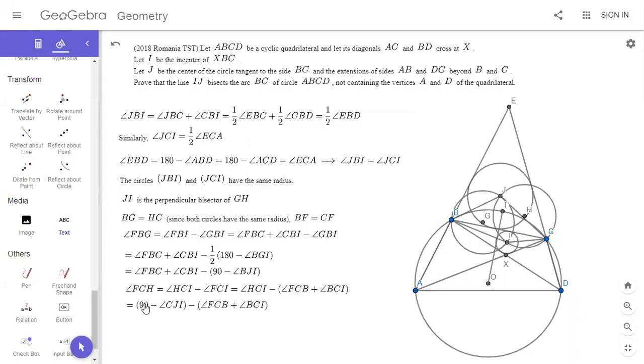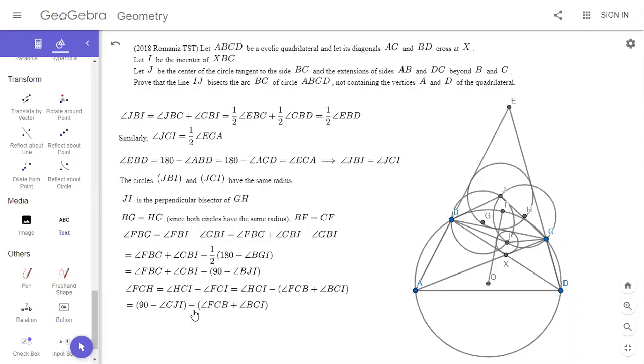So the 90s, hold on just a second. So yeah, okay, so we want to show that these two expressions are equal.